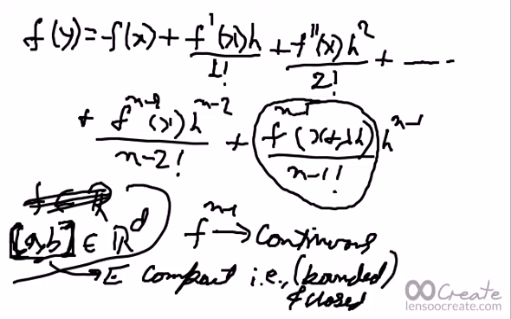I mean it is bounded between a and b, so it does not go to plus infinity or minus infinity. So we see that f^(n-1) also does not go to plus infinity or minus infinity, because it is continuous and its domain extends from a to b, so this is bounded and also closed.